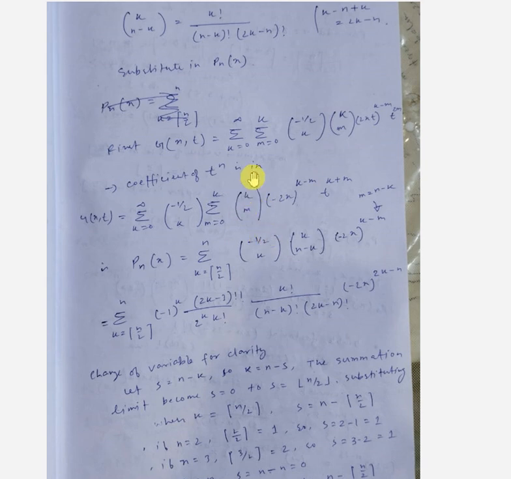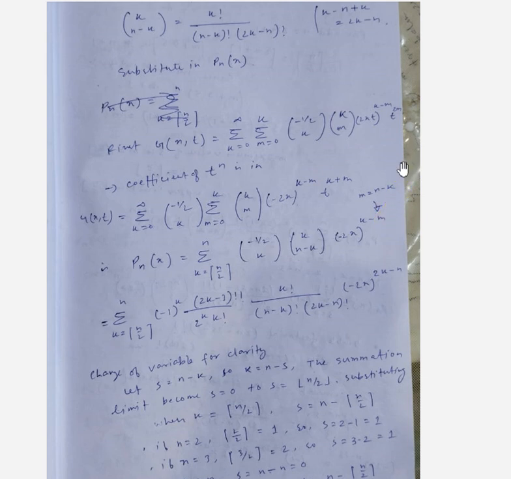The coefficient of t to the n in g of x, this generating function, is P of n. We will remove this t to the n, take the value 2x to the power k minus m, and put the m value as n minus k.